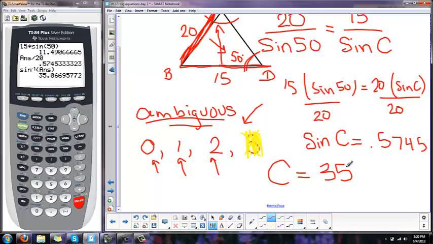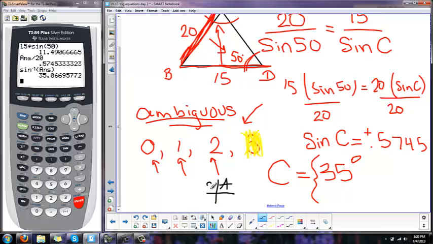Except for the fact that, think about what we just did, and think about what we had done in chapter 13 with trig equations. When you get to the end and you have sine of an angle is equal to a positive value, let's think about which quadrants that answer would be in.